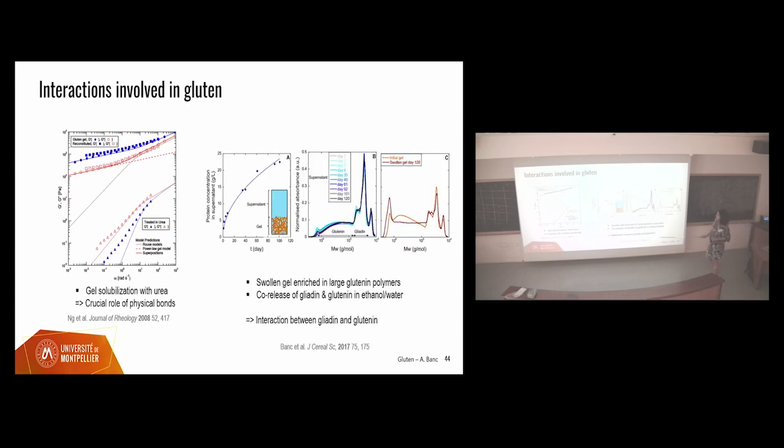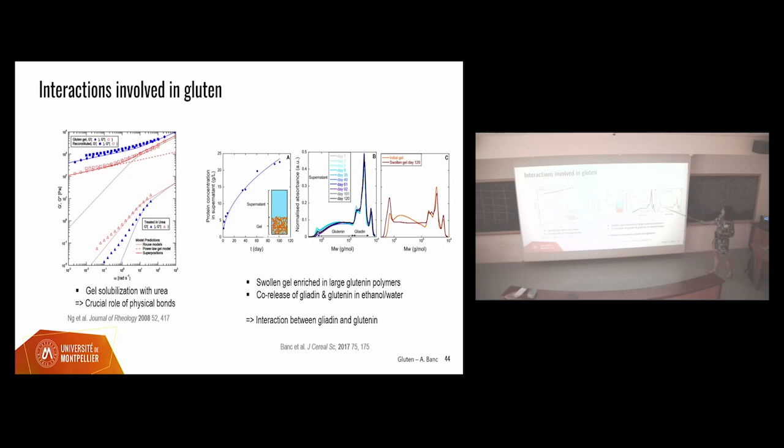Another interesting experiment is the swelling experiment. We start with a gluten gel, and we let it swell in its solvent, and we measure what is released by the gel and how the composition of the gel evolves with swelling.